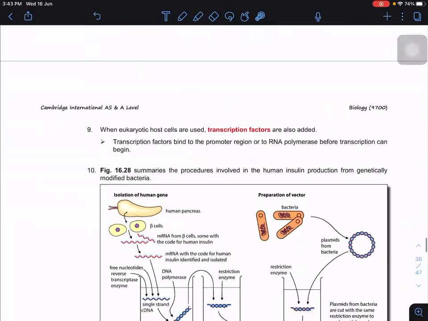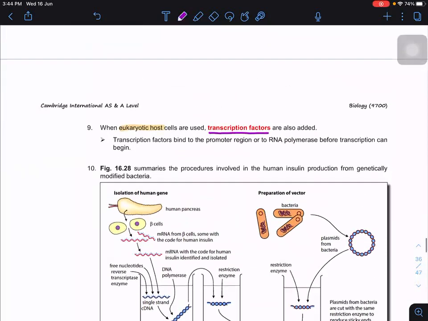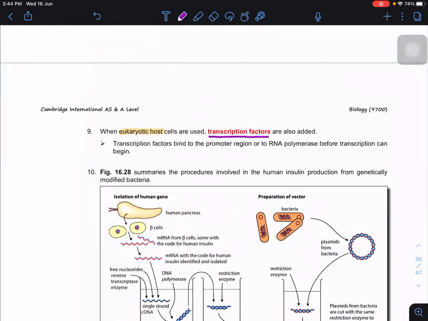Clear? Now, something special about eukaryotic cells. If you use a eukaryotic cell as the host cell, then we need to add the transcription factor. What is the function of the transcription factor? We have learned this in gene control in eukaryotic cells.